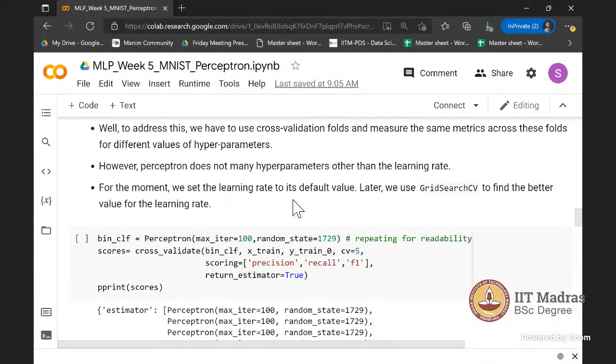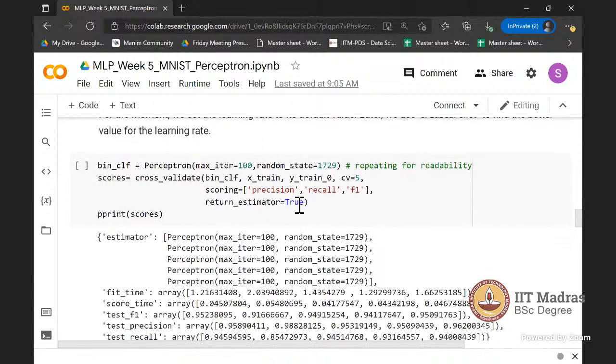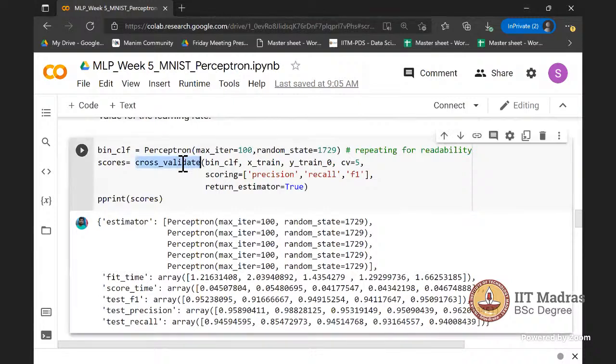Okay, now let's go to the next step, which is the cross validation. So here we are using that binary classifier, the perceptron classifier, giving it the training set using 5 as the cross validation folds. And we are going to use 3 scorings: precision, recall, and F1 score.